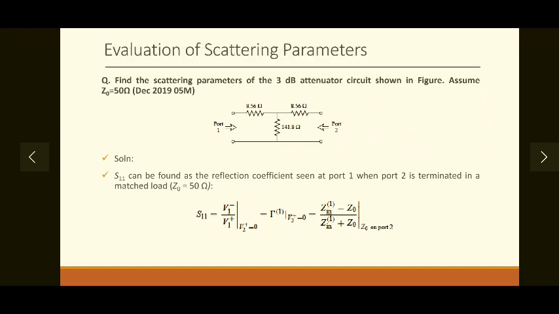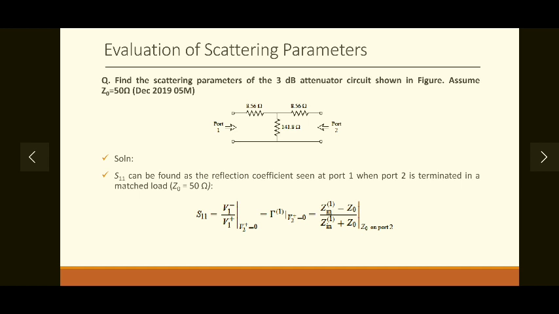First, while looking at this network, we can see 8.56 ohm is Z1, let's say. Z2 is 141.8 ohm and the third resistor is also 8.56 ohm. So the geometry of the network is symmetrical. So we can say that this is a symmetrical network. Okay, so let's see how it is useful in calculation.